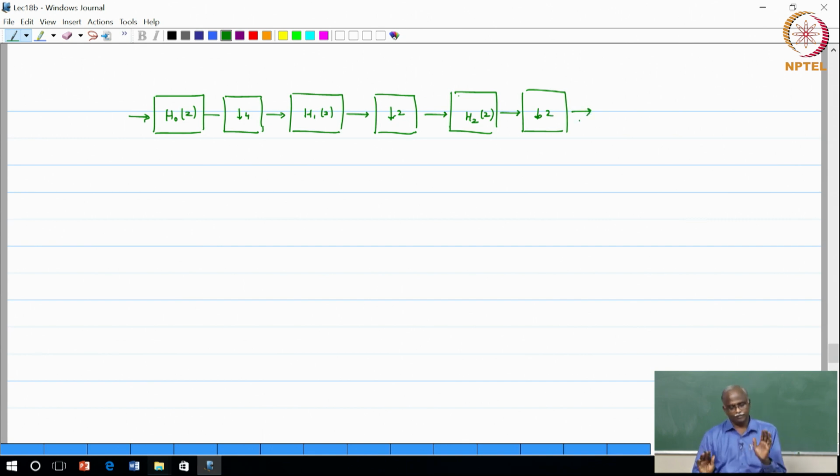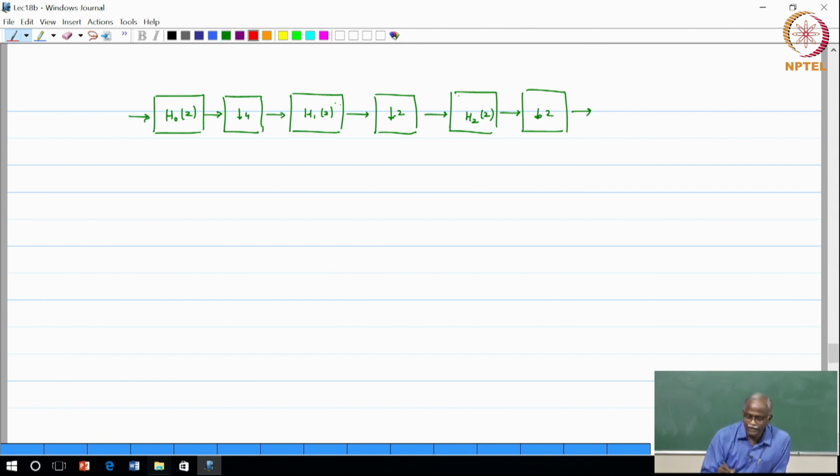Again, the overall downsampling factor is 4 times 2 times 2, which is 16. I want to know if there is any advantage. This is a cascaded down conversion, and in fact you have also done it in your computer assignment. It is supposed to be effectively the same as doing a single step, but let us see what the filters actually show up as.